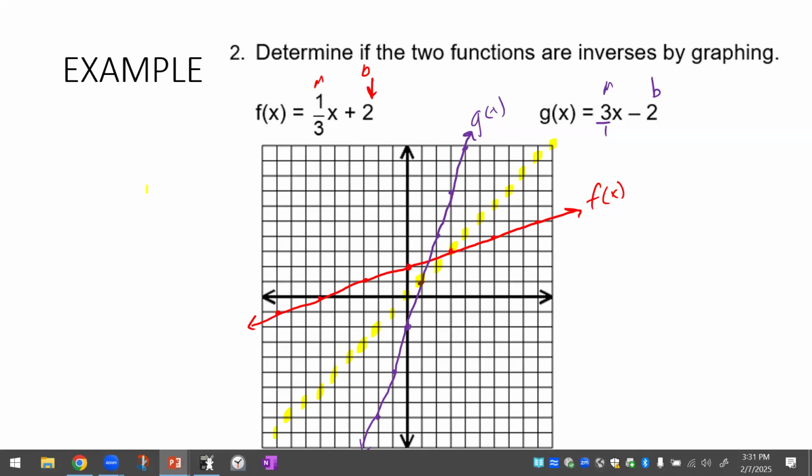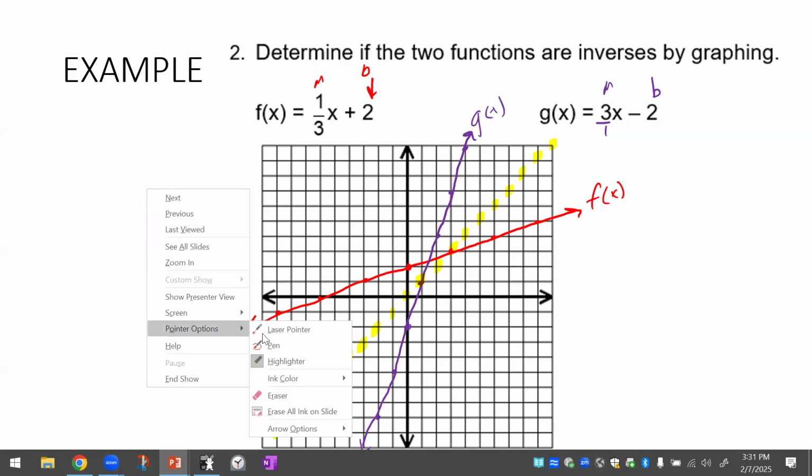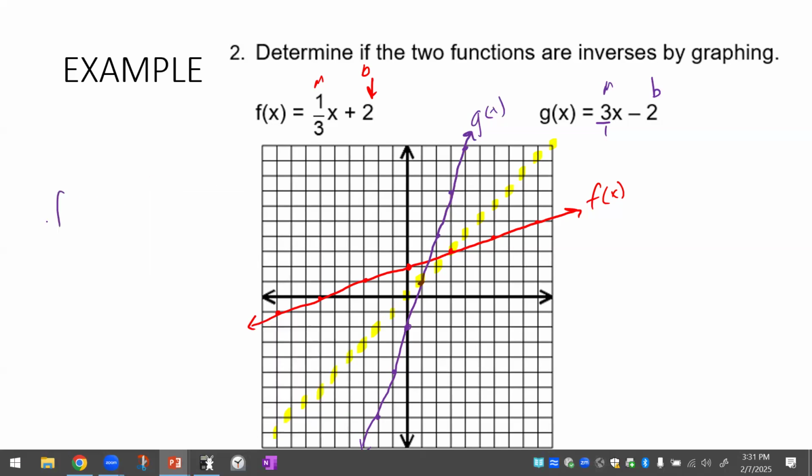Not inverses. f of x and g of x are not inverses, and that's because they lack symmetry along y equals x.